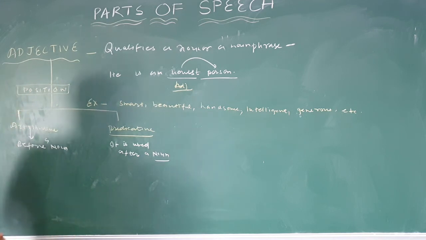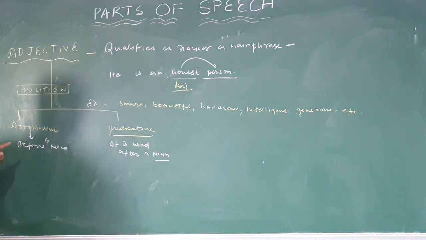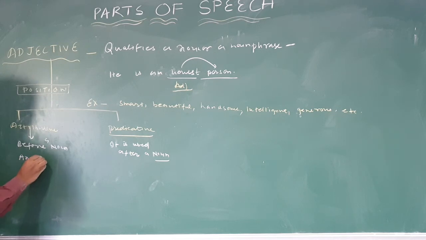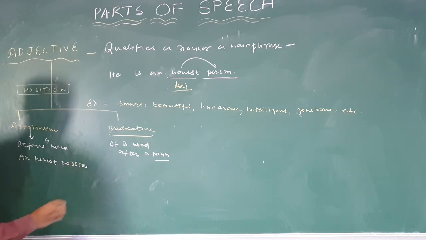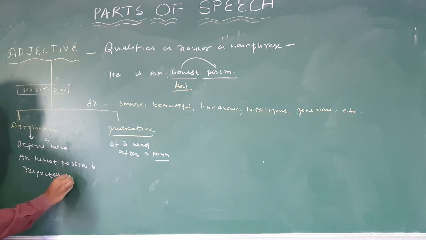So adjectives can be used in two ways. Number one, before a noun, for example, an honest person. An honest person is respected everywhere.